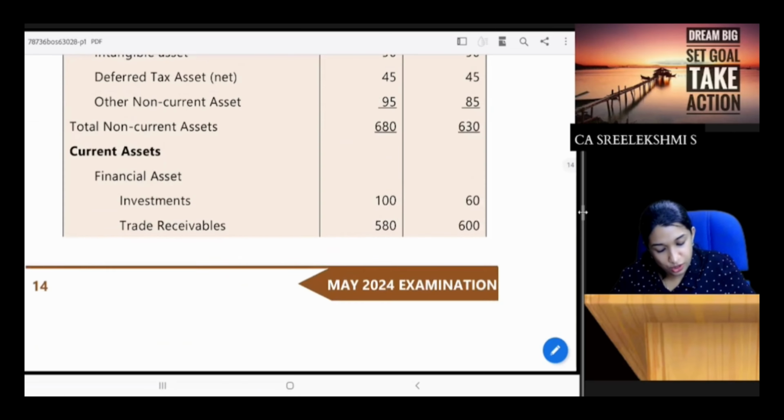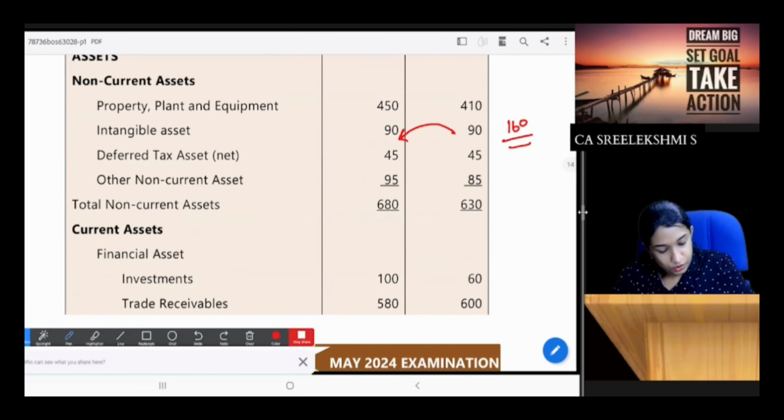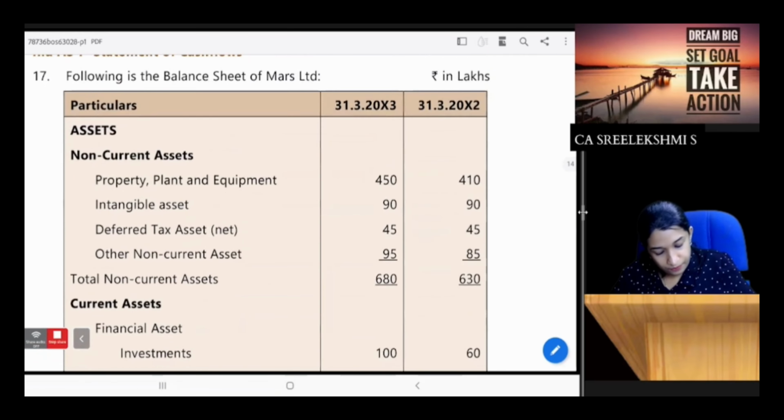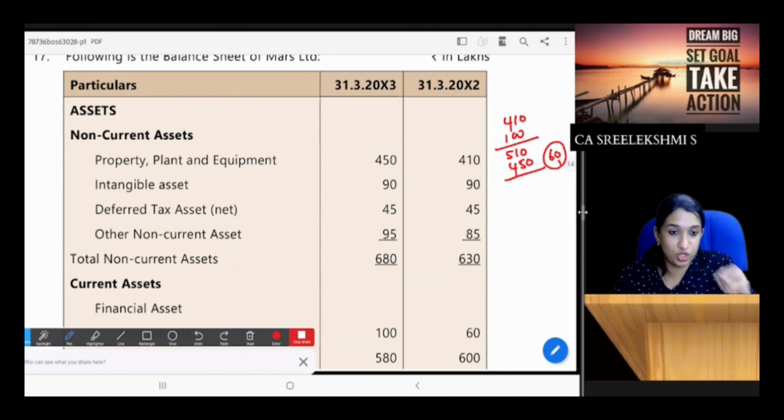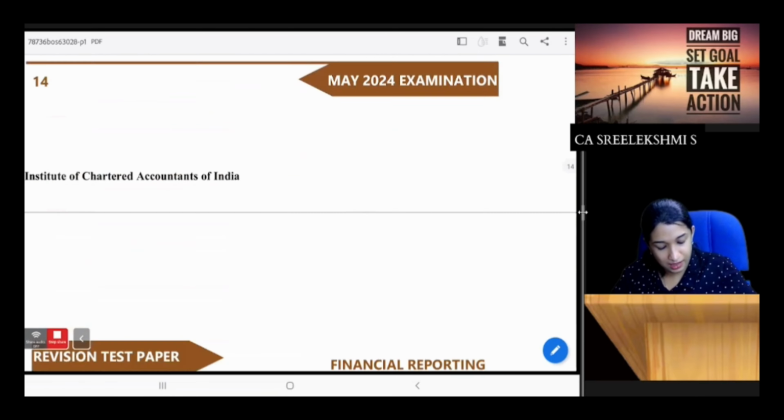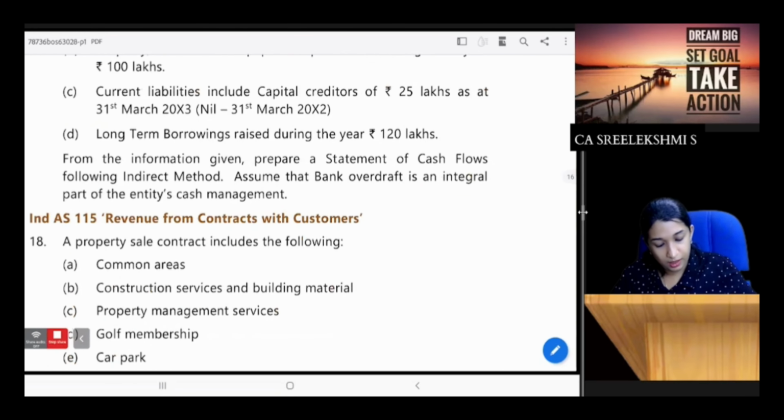PPE purchased during the year. Opening PPE was 410. Purchased 100, so it should have been 510. But closing is only 450, which means 60 is the depreciation charge during the year, a non-cash item to be added back. Okay.